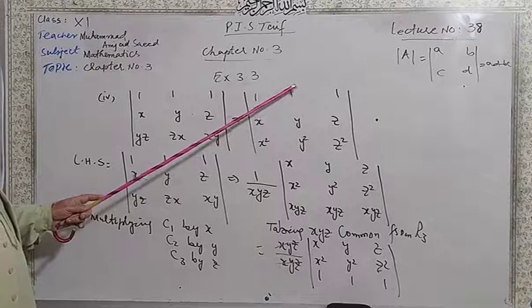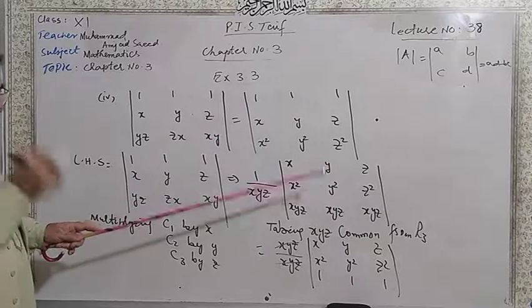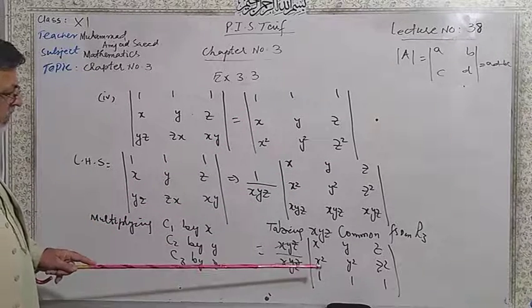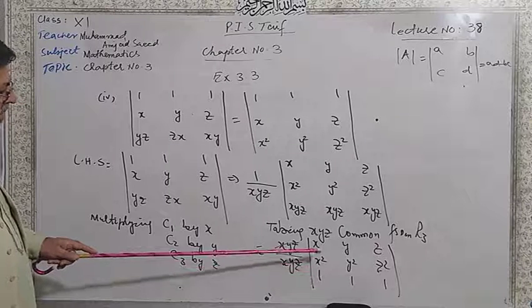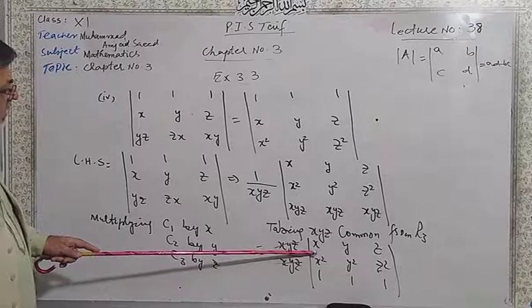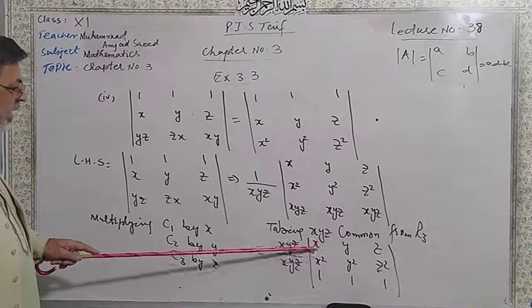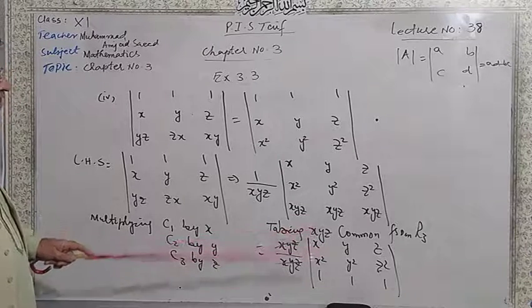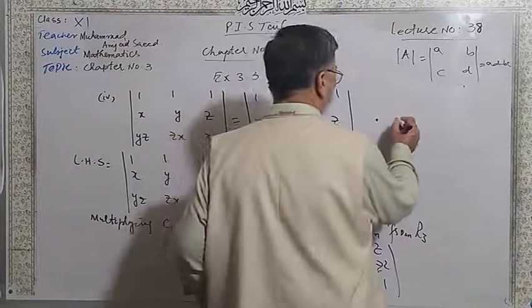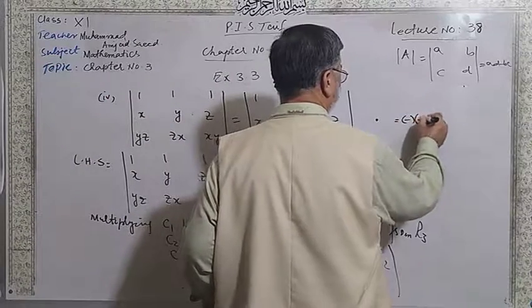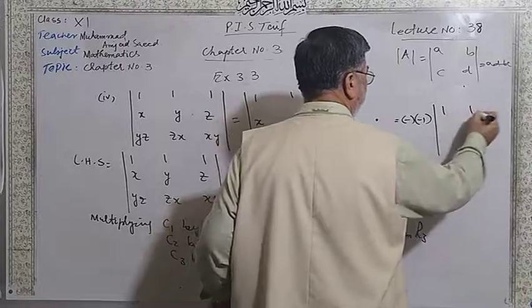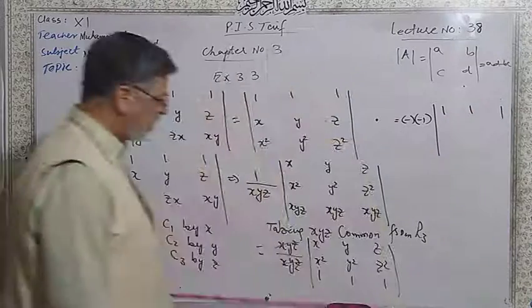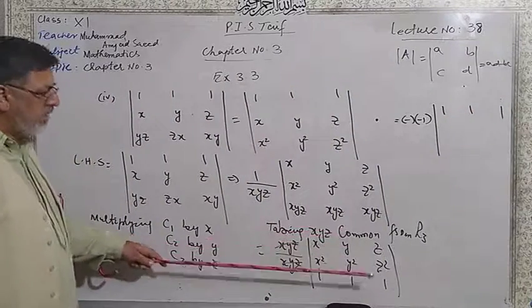Here is your right hand side. 1, 1, 1 is the position of R1. So jump over R3 above R2. Minus 1 will come outside. Then again it will jump R1. Another minus 1 will come. So you can write down minus 1 two times and 1 1 1 jump 2 rows.